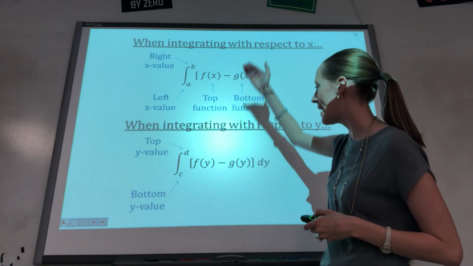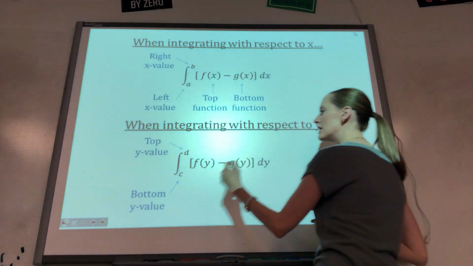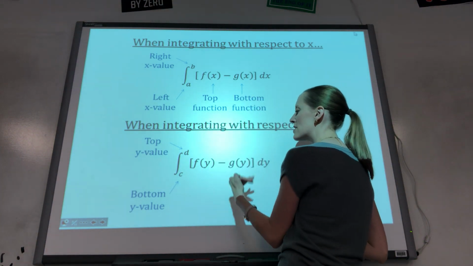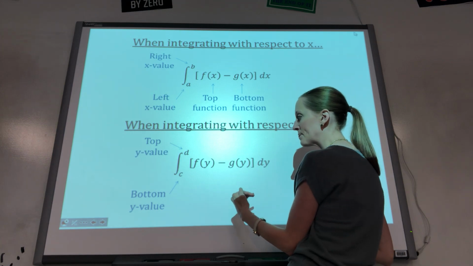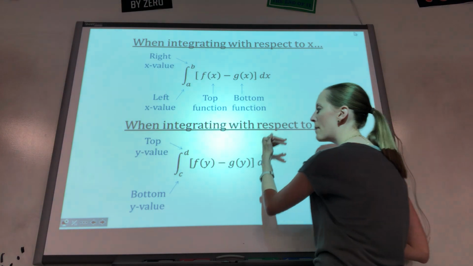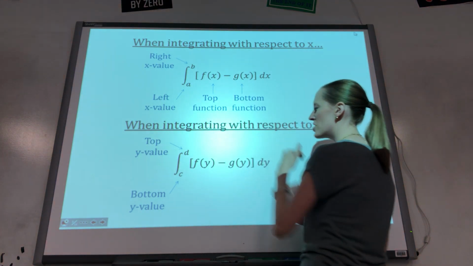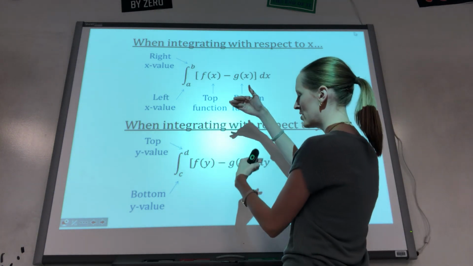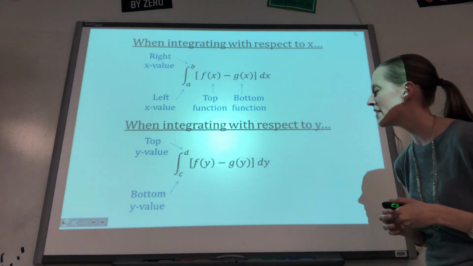They're going to be up and down. So the lower bound, C is what I'm calling it here, is the y value on the bottom, and D is the y value on the top. So we're just kind of changing our point of view here. No longer with the x-axis, we're looking at the y.